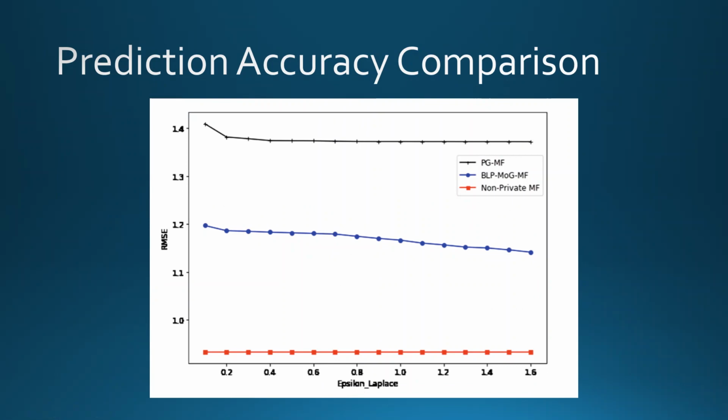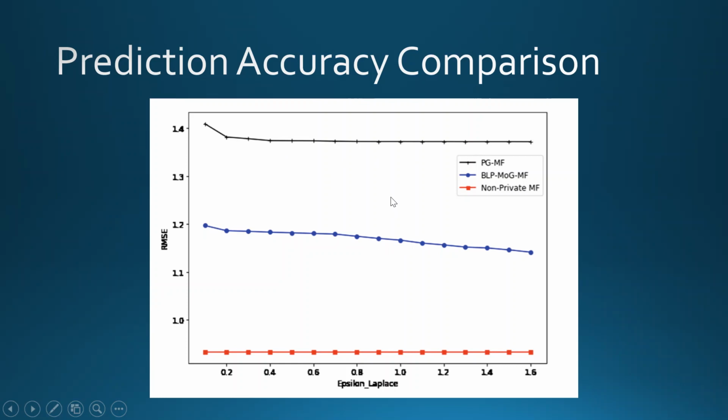So the next result is the prediction accuracy. We are going to look at how our prediction accuracy fares over the other methods that we compared against. First, we compared our method against the PGMF method. We varied the privacy budget from 0.1 to 1.6 for the Movielens dataset. As you can see, the RMSE values for both methods start to decrease with an increase of privacy budget.